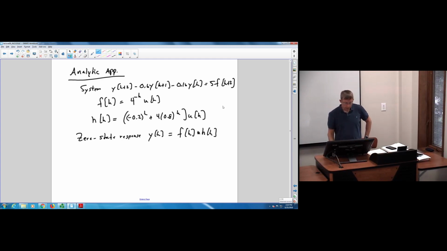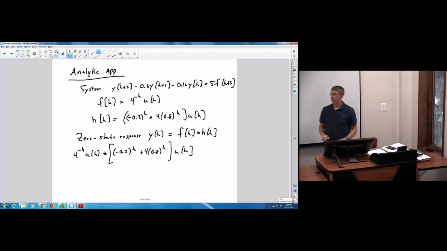So what we need to do is convolve 4 to the negative k u[k] with that. That's the convolution that we need to do, right?